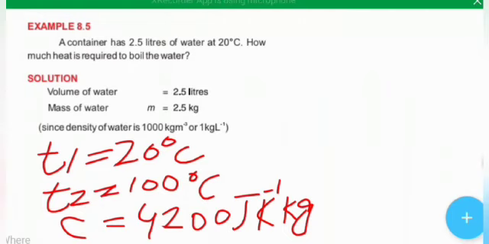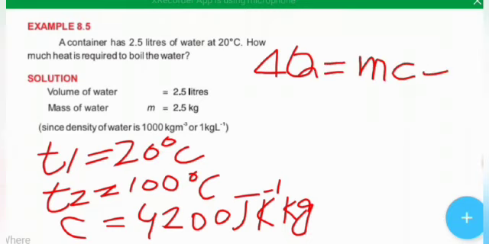The formula that is used to calculate the amount of heat in order to increase the temperature of the water from 20 degrees centigrade to 100 degrees centigrade is delta Q equals mc delta T. Students, the mass is given, that is 2.5 kilogram. c is also given, that is the specific heat capacity of the water, and its value is 4200 joule per kilogram per Kelvin.